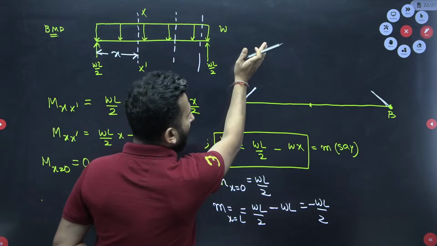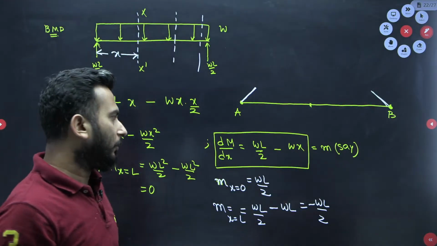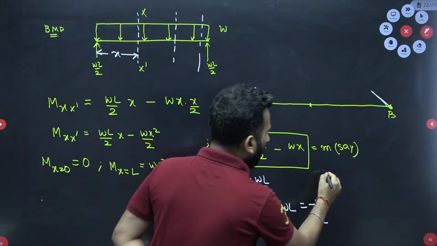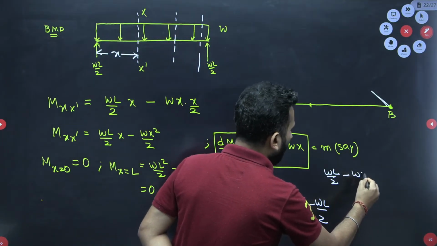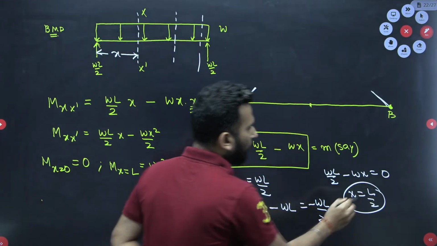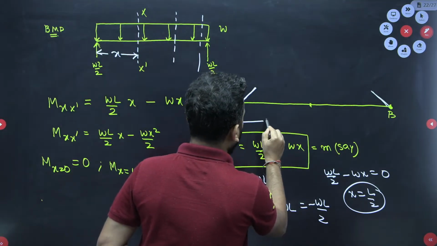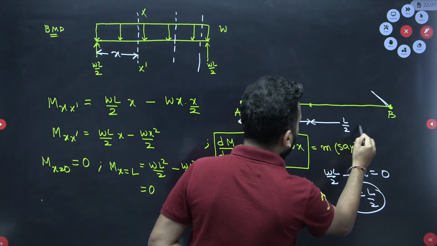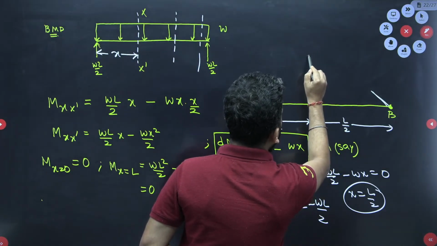So if it is going like this, definitely in the middle somewhere the slope would have been 0. So where the slope is 0? WL by 2 minus Wx equal to 0. If you find it out, the slope is 0 at L by 2. So exactly at L by 2, the slope is 0.